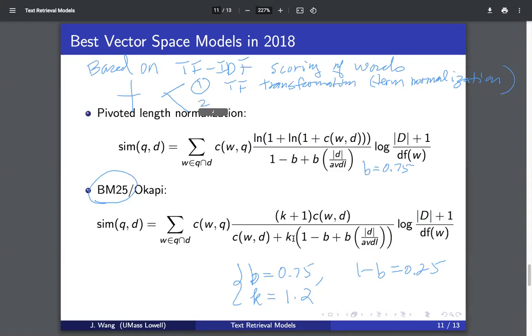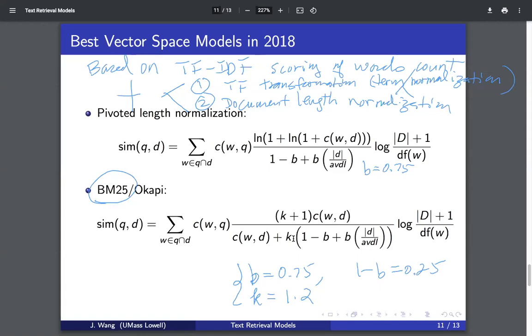The second part is document normalization, so document length normalization. The first one we can think of as a term appearance or term count normalization.